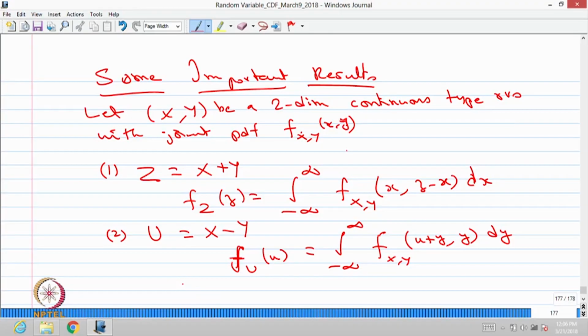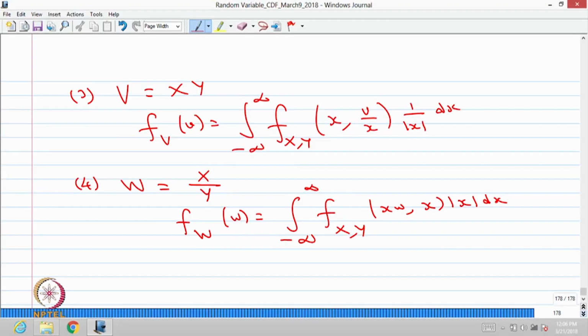Even though I have given the results in general, if the random variables are mutually independent, you can replace the joint probability density function by product of probability density functions. So these 4 results you can remember and you can use them whenever you want to go for finding the sum or difference or multiplication or division of 2 random variables.